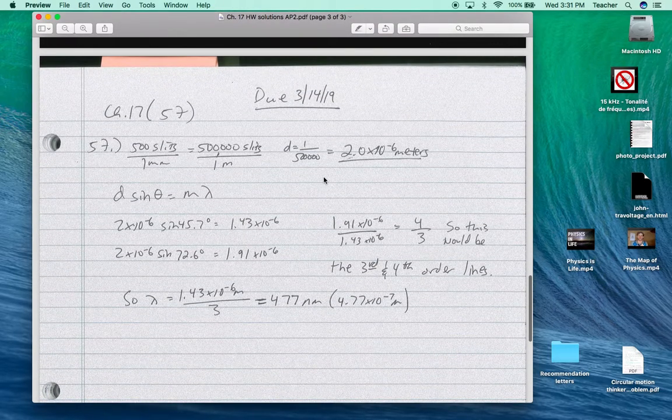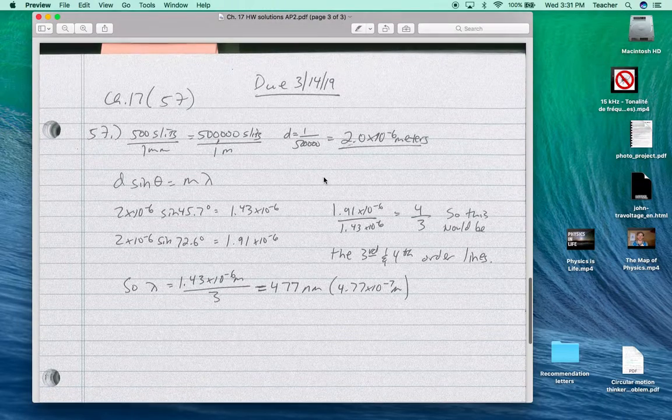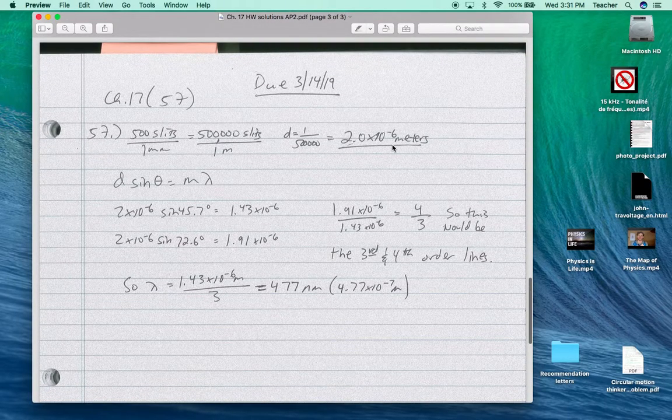For 57, again, convert everything to standard units. 2 times 10 to the negative 6 meters is the distance between the slits there. That gives us an angle. We end up figuring out that m lambda is equal to this. For the other angle, m lambda is equal to this.